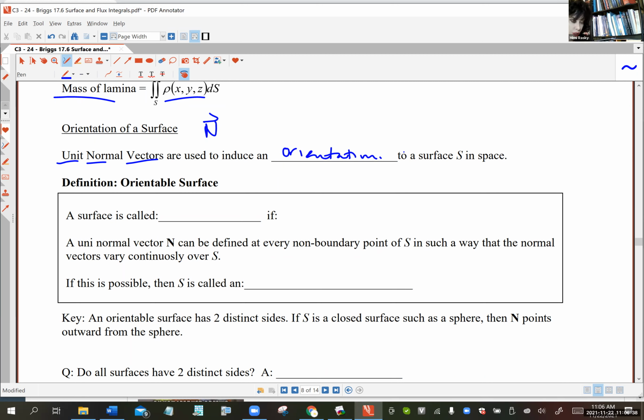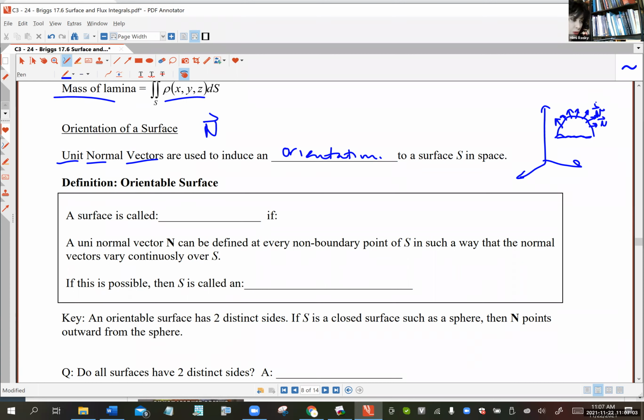Well, how's that going to work? Just stay with me here, you'll see shortly. The way I like to think of it is, let's say you had some surface like this, a capping surface. You can use a lot of little unit normal vectors sticking outward like this to orient your surface.